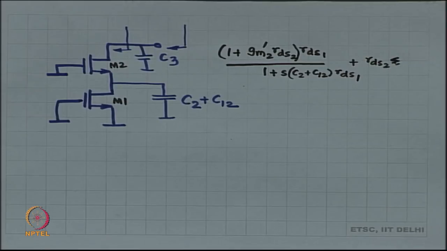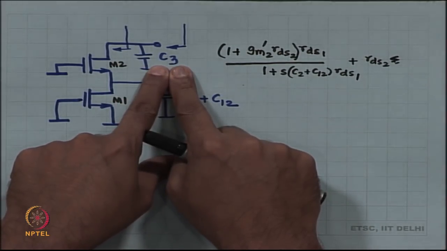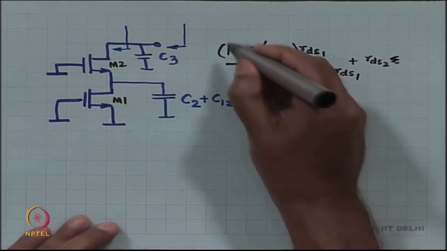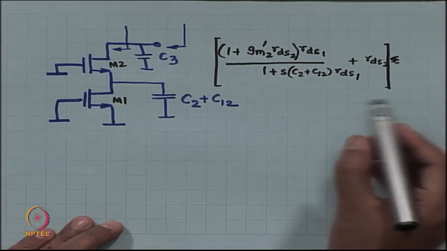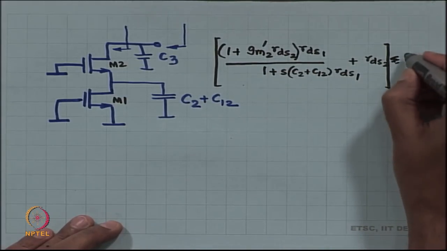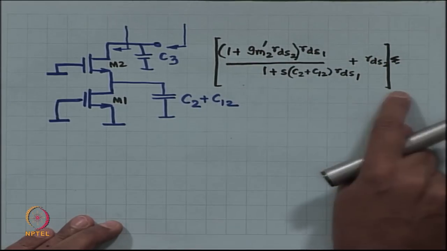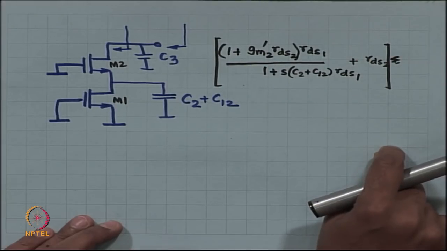This is it. This whole thing comes in parallel with C3. So, you can write it as this divided by 1 plus this times SC3.